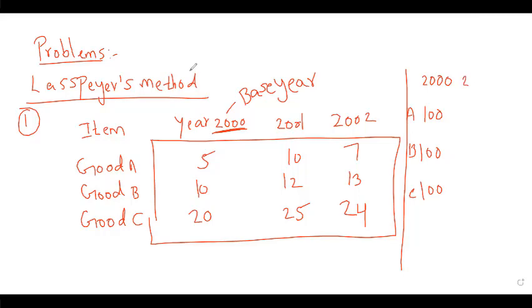Now for 2001, tell me what we will get. How much did it increase? What should we do? 5 by 10 into 100. Sir, 50. So 150.